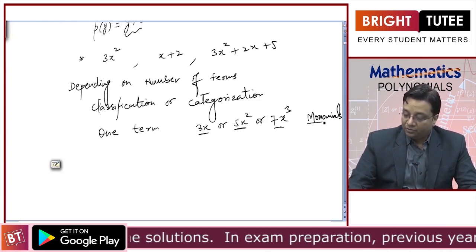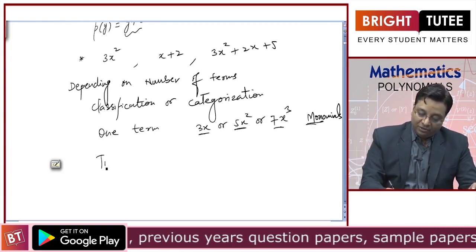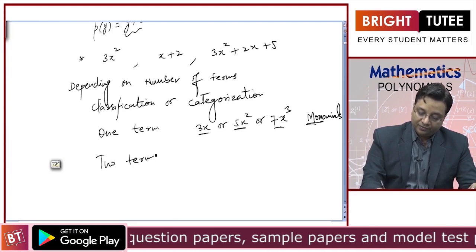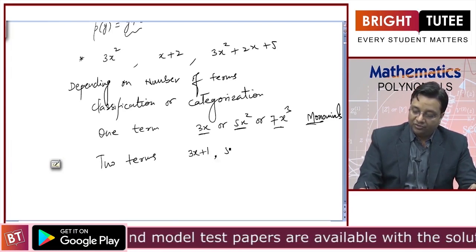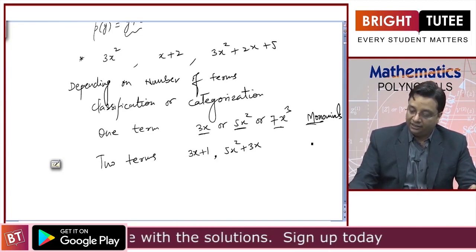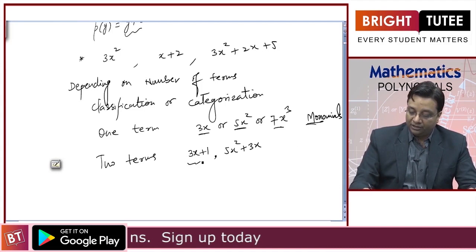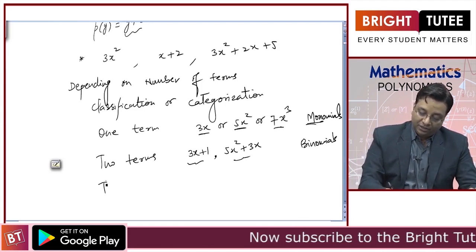Mono means one, so these have only one term. Now if they have got two terms, for example 3x plus 1 or 5x square plus 3x, these type of polynomials are known as binomials. Okay, if you have got three terms.